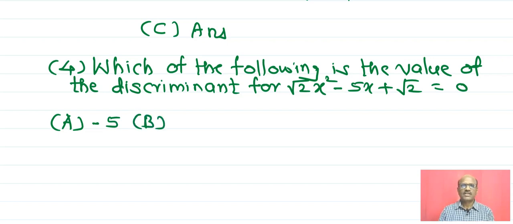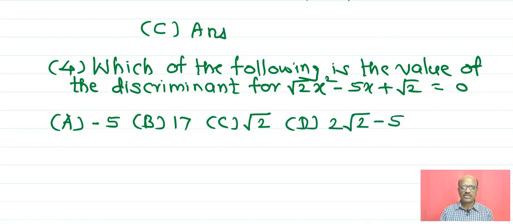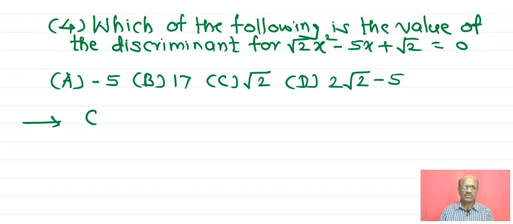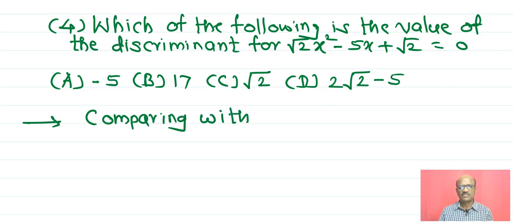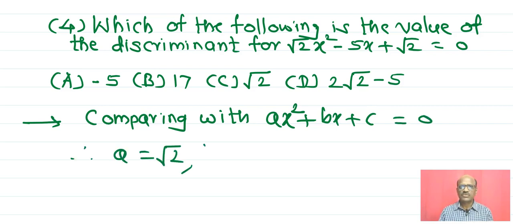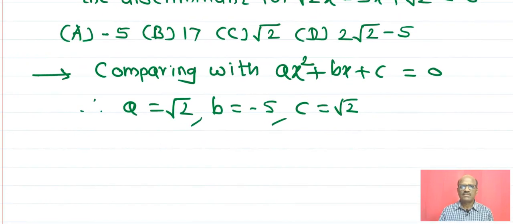Now discriminant means what? Delta is equals to b square minus 4ac. Now again we will compare it with ax square plus bx plus c equals to 0. Therefore a is equals to root 2, b is equals to minus 5, c is equals to root 2. Therefore delta is equals to b square minus 4ac.